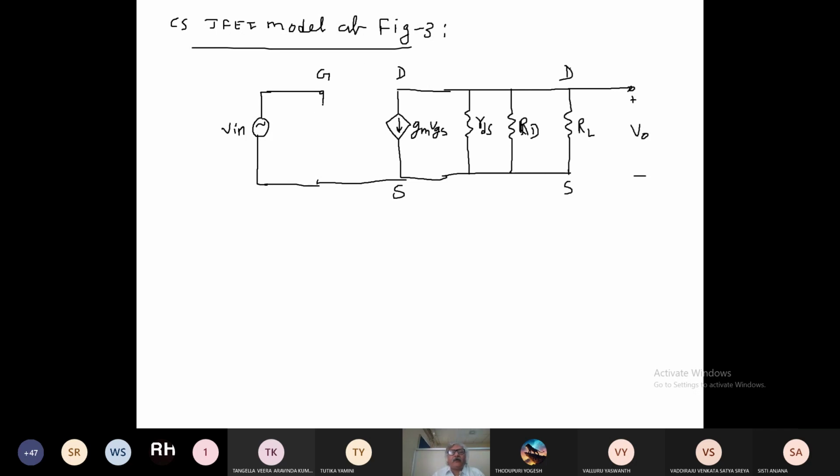Here you can see there is one resistance, the resistance between gate and source, but its value is very high.